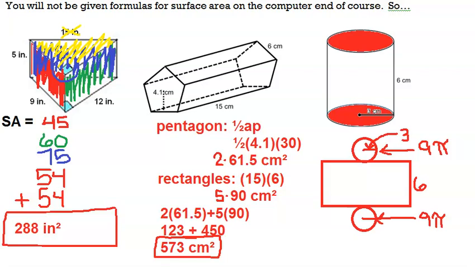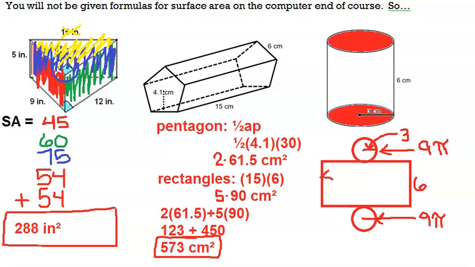So really, the only tricky part is, how do we figure out how long the label is going to be? That's really the only question that comes into play here. And how you do it is you have to think about the point of the label. The label exists so that it can go around the circle. So whatever the circumference of the circle is, that's what the label is going to need to be.